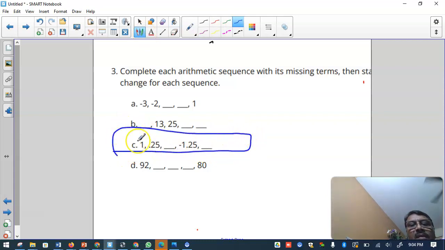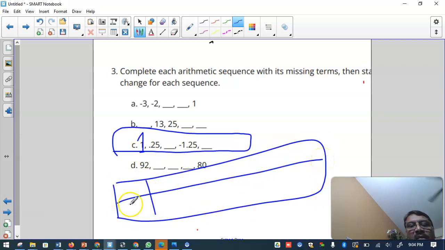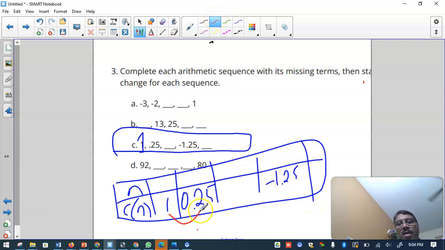Now, in this case, it starts with 1, right? So let me make a table here. This is C, so I can write Cn, the name of the sequence. And you are given 1, 0.25, and then a blank, and there is a minus 1.25, and another blank. So from here, what's going on is, you can see it's like a $1 and it reduces to a quarter, 1/4.